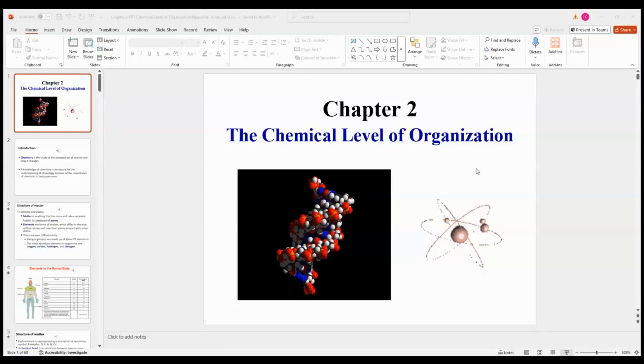The word base is the opposite. A solution is basic if it has more OH minus than H plus. And something that you add to a solution to make it more basic is called a base. For example, sodium hydroxide, and that's lye. Put that in water, it comes apart into Na plus and OH minus.